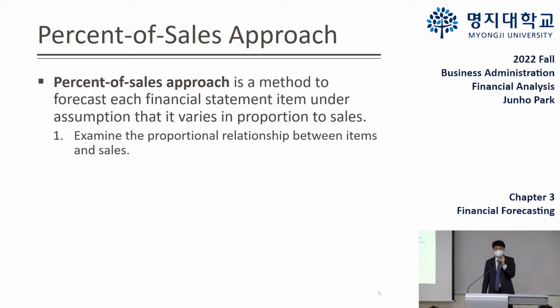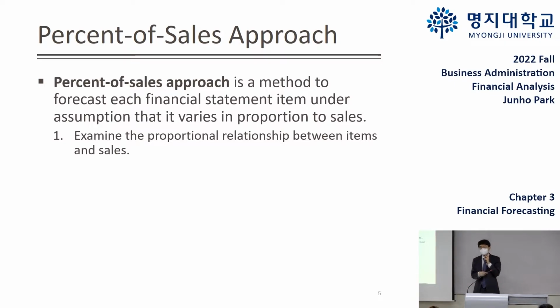Based on historical data or based on your logic, you can make some assumptions about whether each item will be proportional, whether each item will be positively related to your sales or not. And generally speaking, you can distinguish all items into two categories.